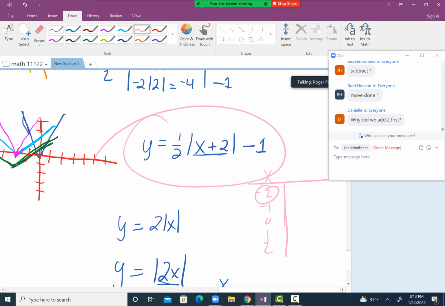You would start with -2, so you would put that in for that x. So if this x was -2, what would you do first? -2 plus 2. Yeah, see? There you go. You answered your own question. That's why. You would do that.